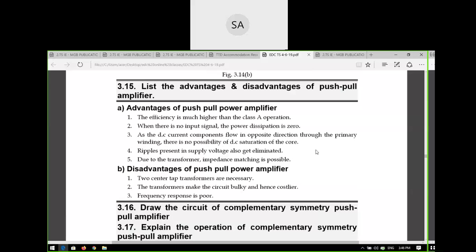Efficiency is high compared to class A. The second advantage is that there are no ripples present in the supply voltage; if ripples are there, they get eliminated by the circuit. Transformer impedance matching is possible, high impedance matching. And the power dissipation is zero in the ideal case. The disadvantages are that two center tap transformers are there, so it is bulky, costlier, and the frequency response is poor.